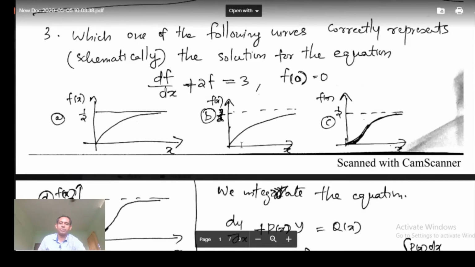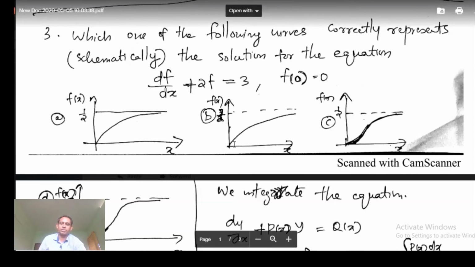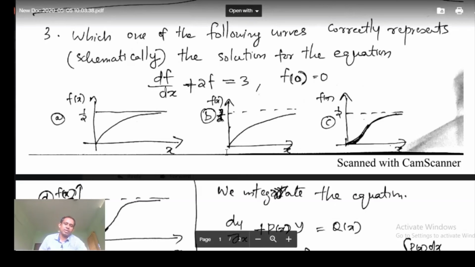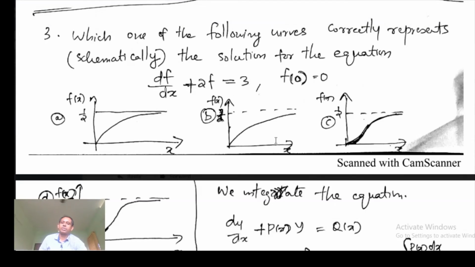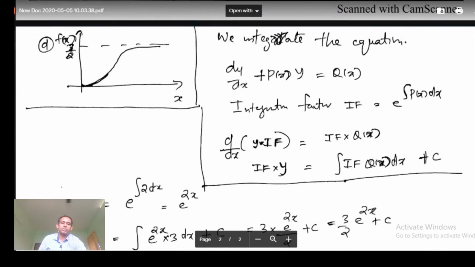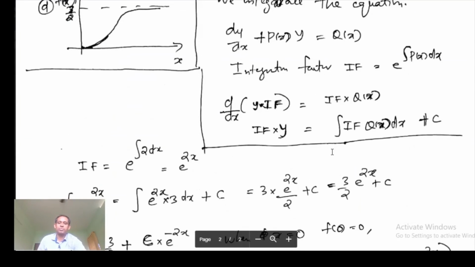Okay, so this will be correctly expressing this curve, the solution of this equation. When x is infinity, it is 3 by 2, and at x is 0, it's 0, and due to the 1 minus e to the power minus 2x, it will be varying like this. So not this one, it will be this one. So the correct option is B.